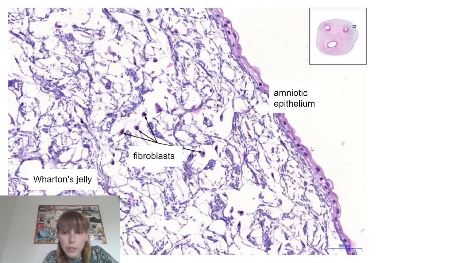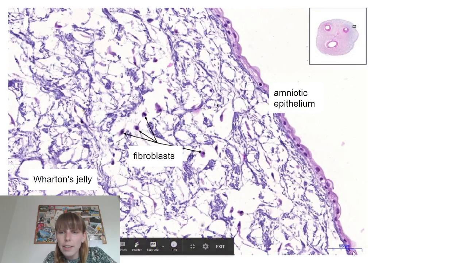So a close-up here, and you see the surface as well. We will go through the online virtual slide as well, but this is quite a nice picture from the PDF that I told you that's in Vyuka, the slides PDF. And so this is the amniotic epithelium, the amnioblasts, so the cells of amnion that are lining everything inside the amniotic cavity, which is the umbilical cord as well.